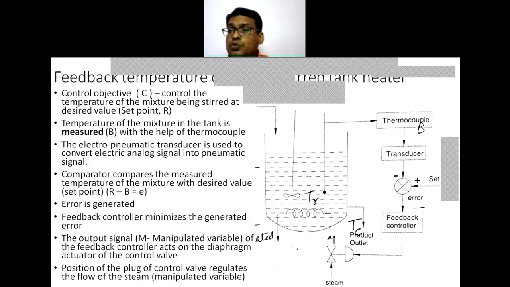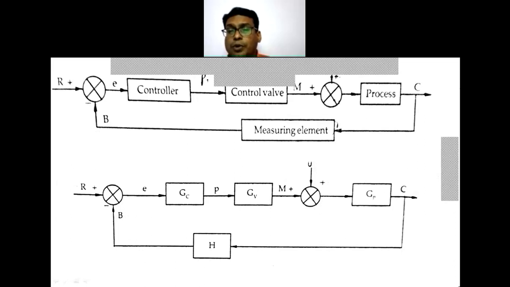Then it goes to a comparator and then to a feedback controller. This is what we have discussed in our block diagram till now. The temperature is measured by a thermometer or thermocouple, and its actual value is the same as B.